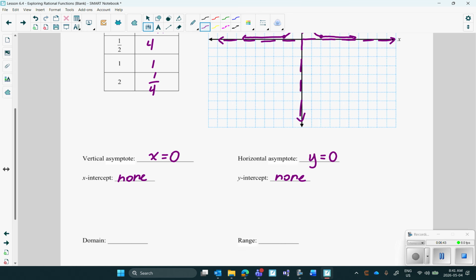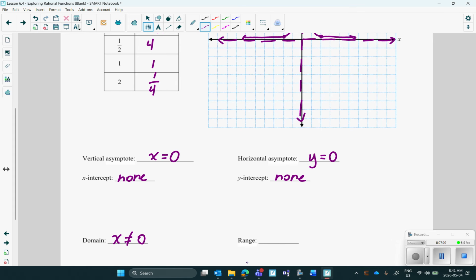How about the domain? x not equal to 0, because x can be any value except 0 because there's a vertical asymptote there. And the range, you sure? Look at the graph now, it's changed. It's not the same as y equals 1 over x.